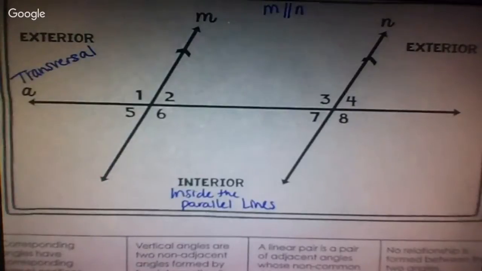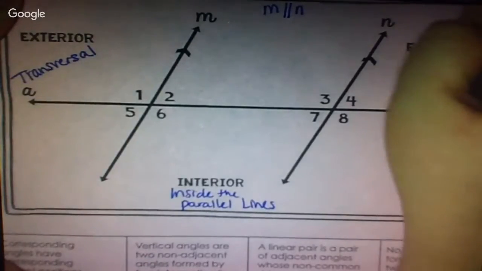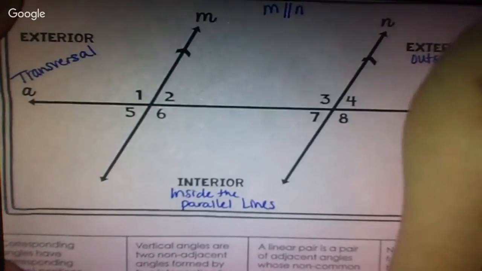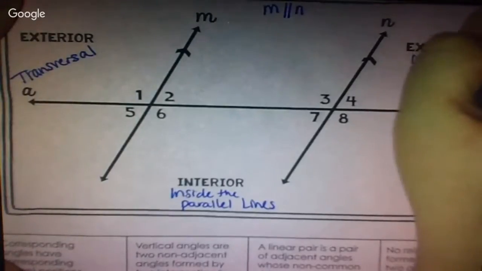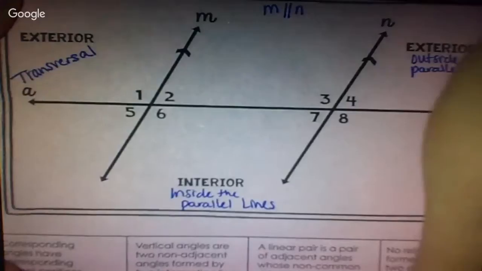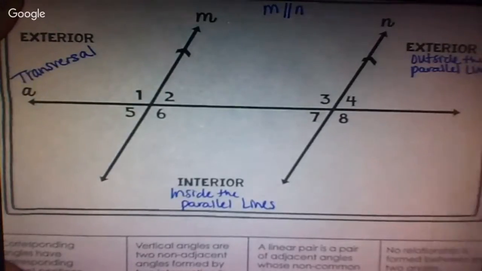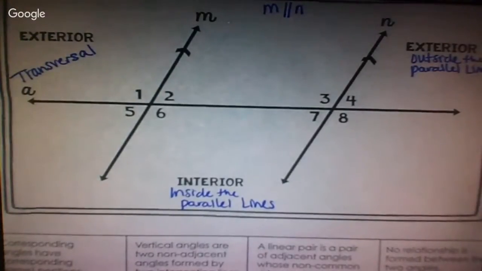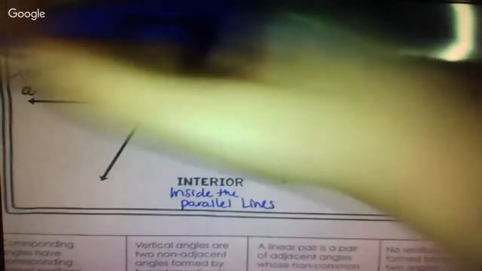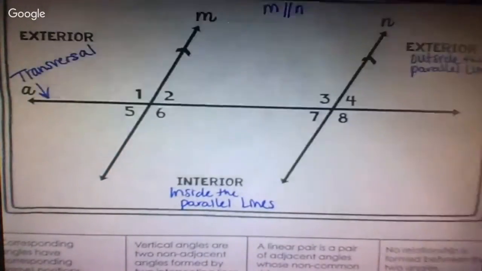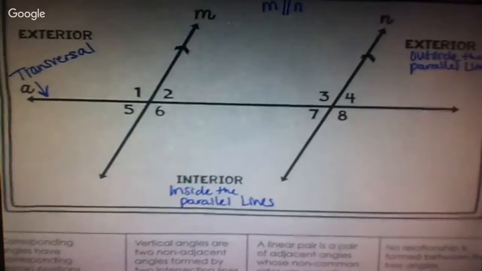And then you've got outside the parallel lines, which is your exterior. The transversal is this line here. That's called your transversal line.